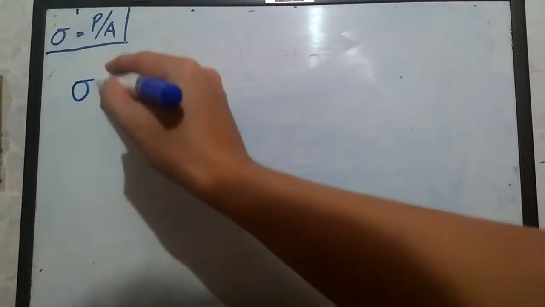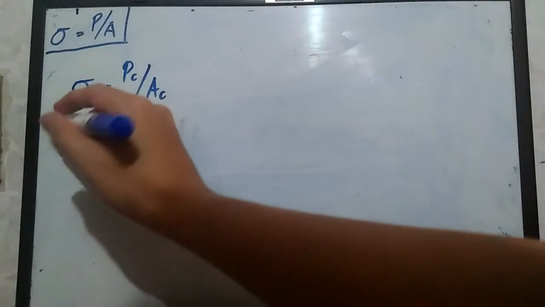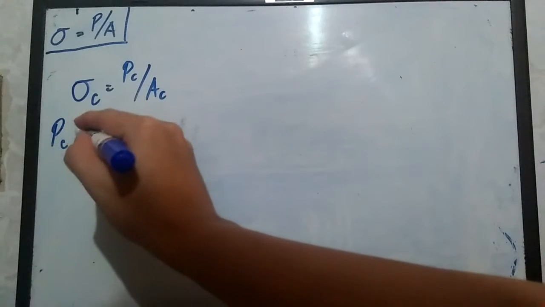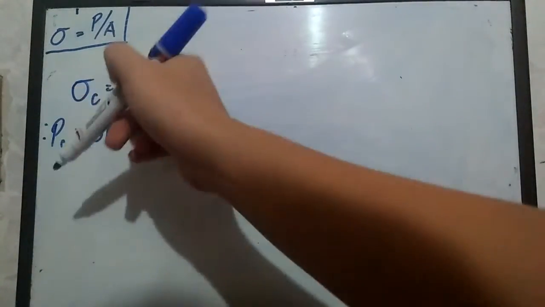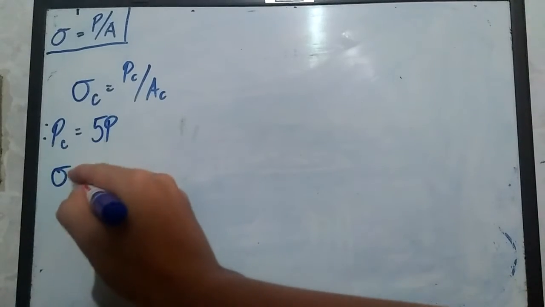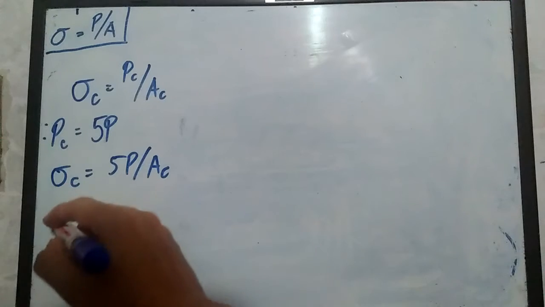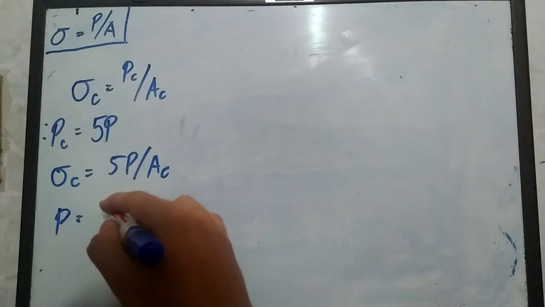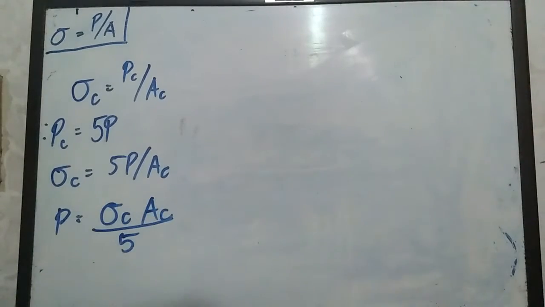Okay. So sigma sub c is equal to P sub c over A sub c, solving for P sub c. Based on our solution just recently, P sub c is equivalent to 5P. So sigma sub c is equal to 5P over A sub c, solving for P, that should be P is equal to sigma c times A sub c over 5.